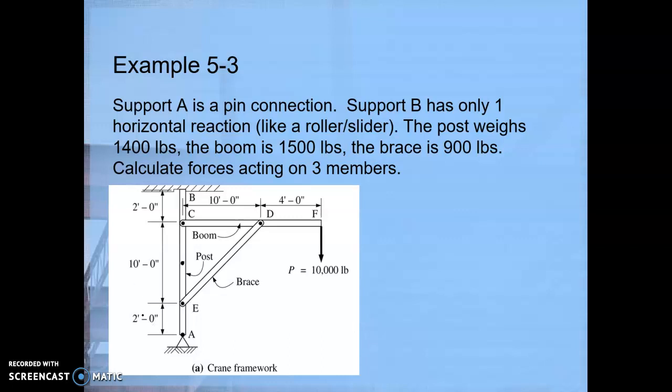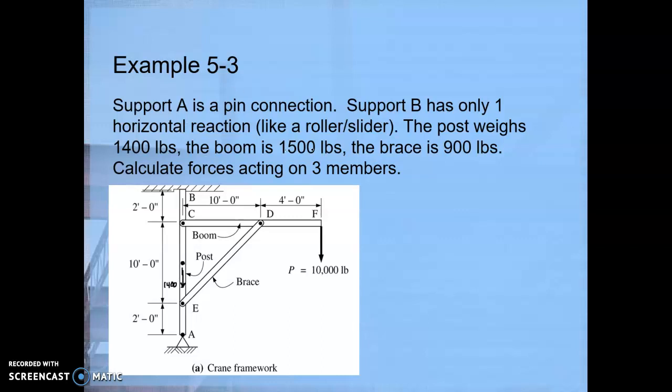So if this is 10, 12, 14 feet tall, this weight would be 7 feet up. Now that doesn't really matter in this particular case, since the weight is going to pass directly through support A. It's not going to cause a moment, but it's going to come straight down here and be 1,400.